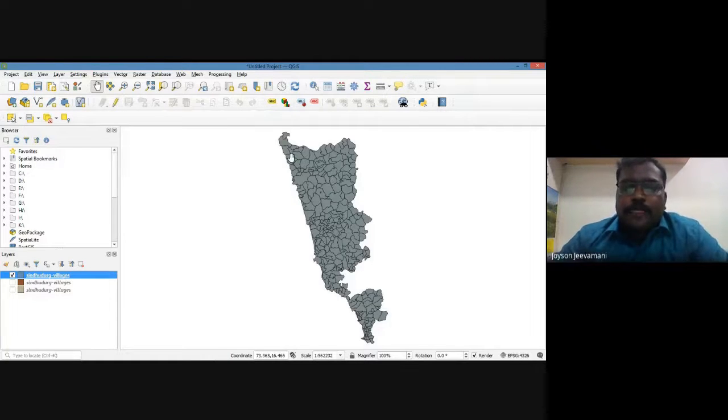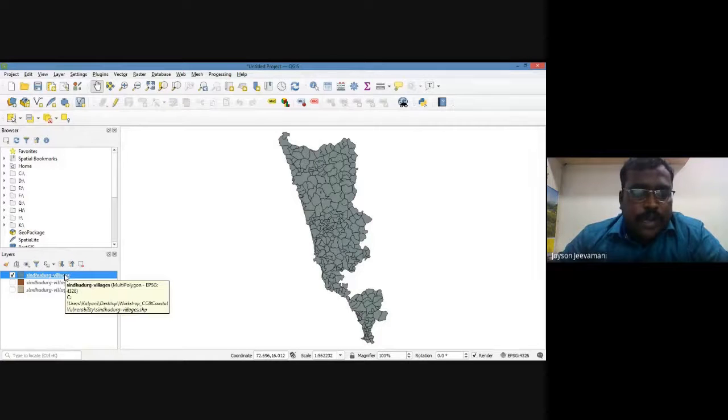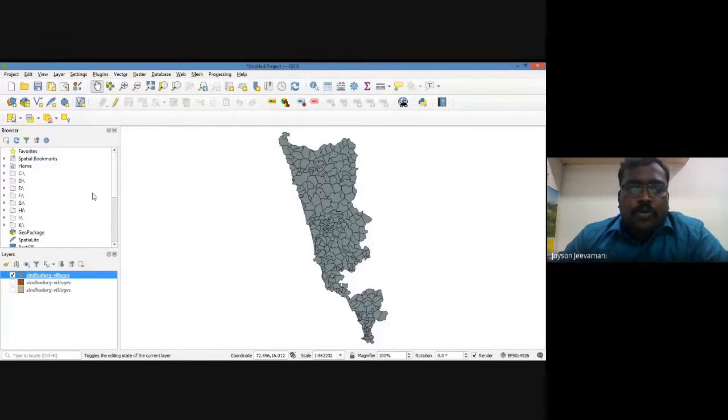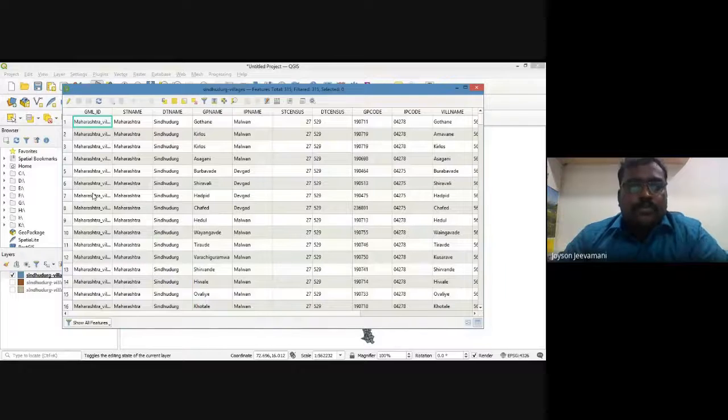Okay, so this is Sindhudurg with three taluks: Devgad, Malvan, and Vengurla. All these polygons represent the villages. Now, we already estimated the index values for all these villages. For example, if you want to see this file, right click on it and give Open Attribute Table. It will show the contents of that shape file: the state name, district name, GP, and taluk name.